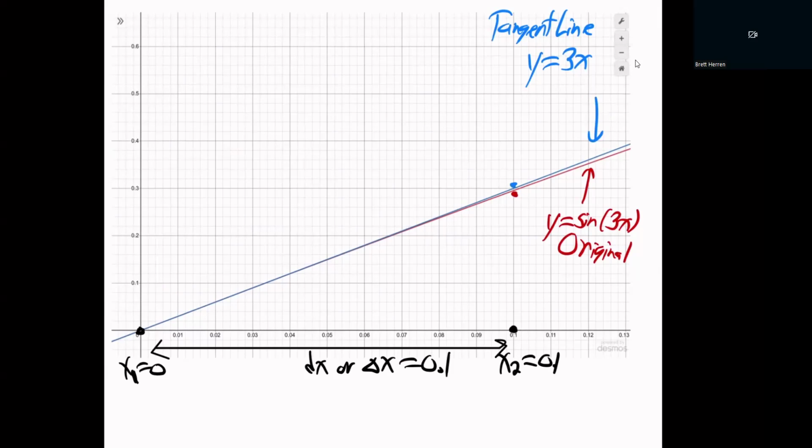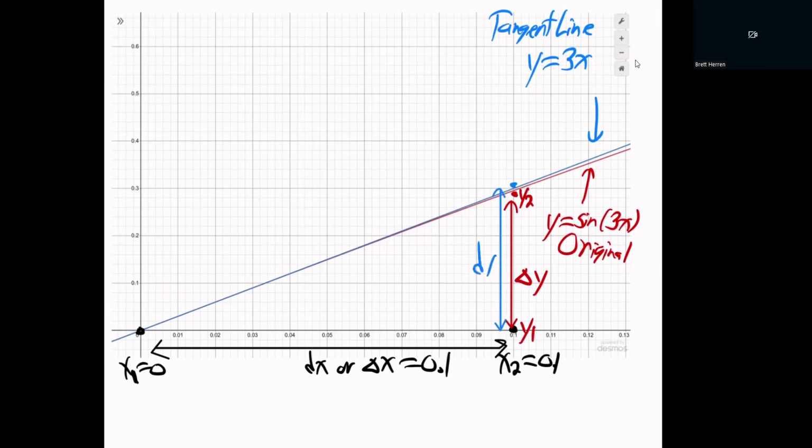So basically, the delta y, I should say, this is the y height, this is y1, this is y2's height, and then the dy goes all the way up to the blue.